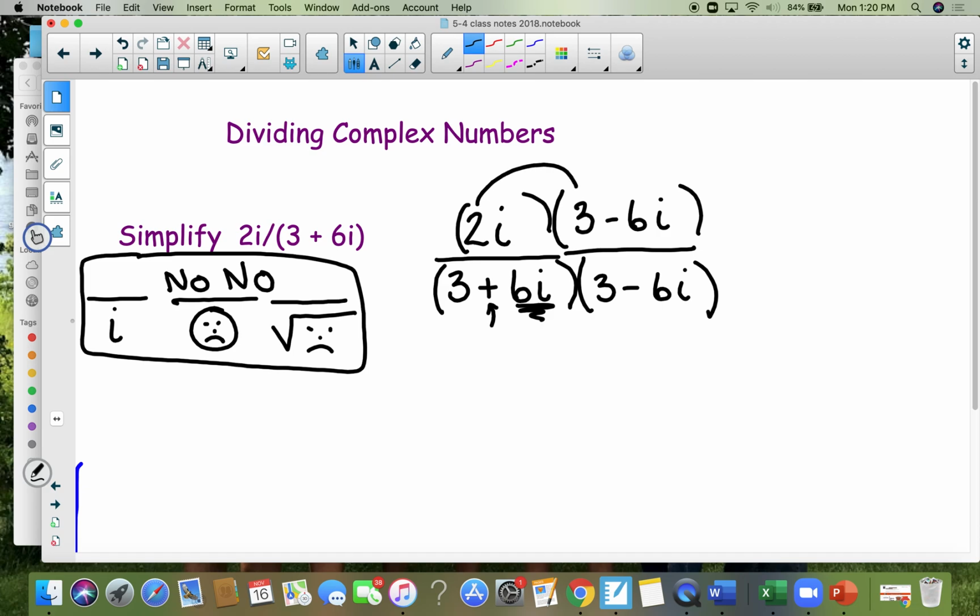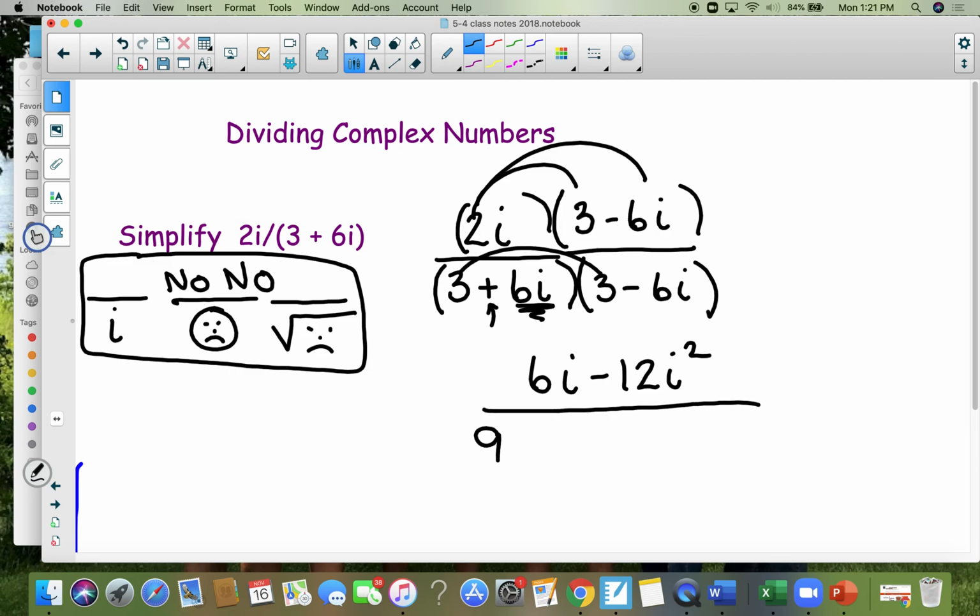2i times 3 is 6i. 2i times a negative 6i is a negative 12i squared for the top. I'll simplify it later. 3 times 3 is 9. 3 times a negative 6i is a negative 18i, a positive 18i, and a negative 36i squared.